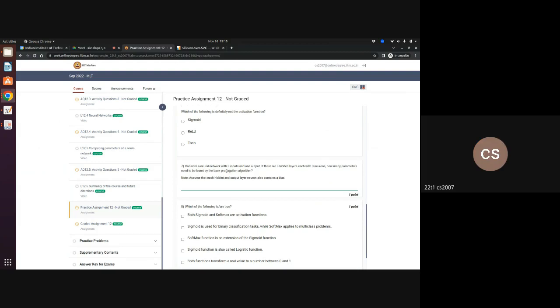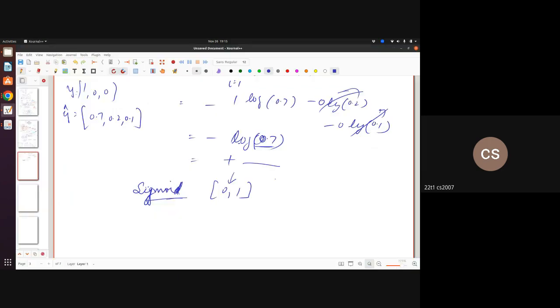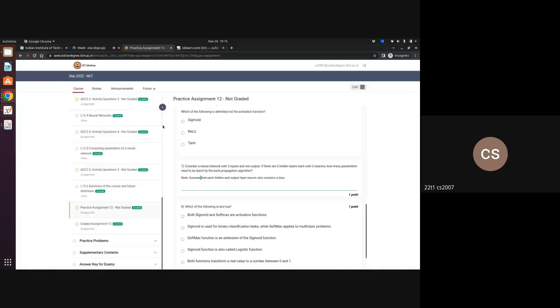Consider a neural network with three inputs, one output. There are three hidden layers, each with three neurons. How many parameters need to be learned by the backpropagation algorithm? Assume that each hidden and output layer neuron also contains a bias. So this is the scenario.